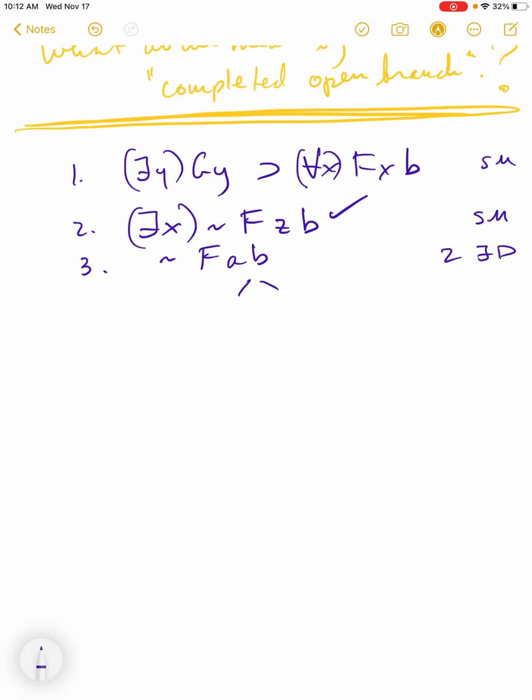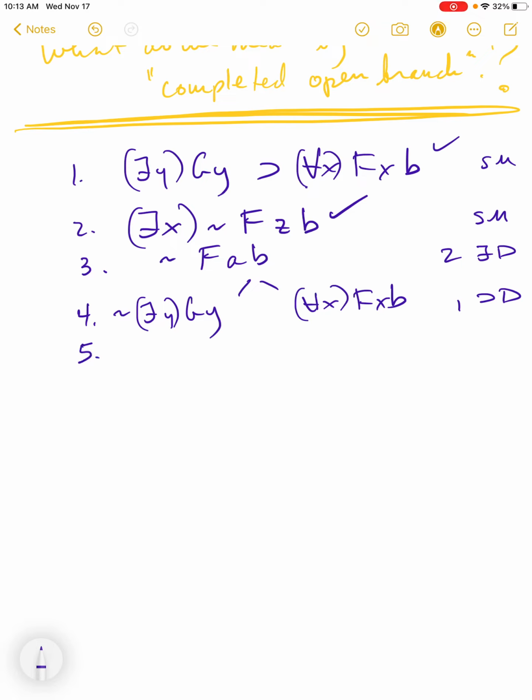And I check that, and I get that from 2 by existential decomposition. And now I'm going to go ahead and apply conditional decomposition to line number 1, and I have the negation of the antecedent on the left and the consequent on the right. And I get that from 1 by conditional decomposition. I was going to deal with the left-hand side first, but the right-hand side is calling out to me, because what it says is that everything bears F to B, but line number 3 says A doesn't bear F to B. So I just can't resist this.